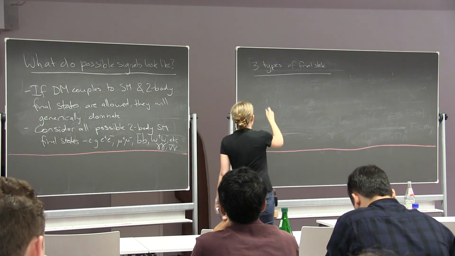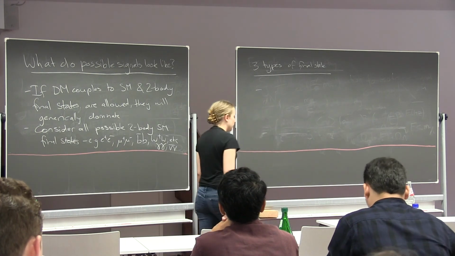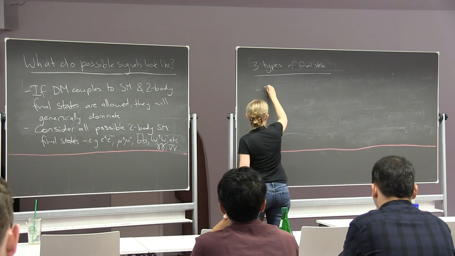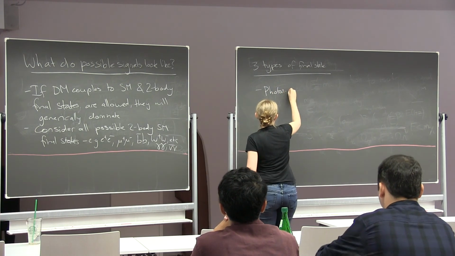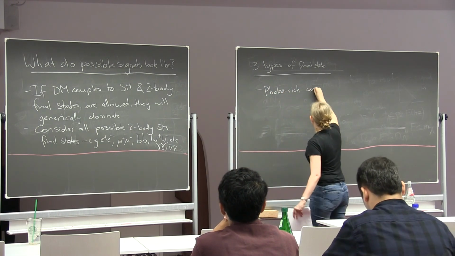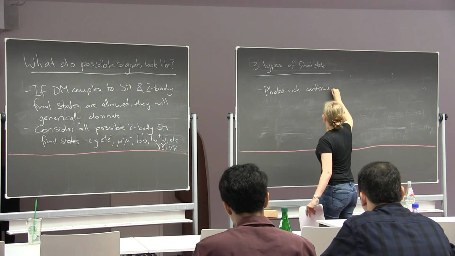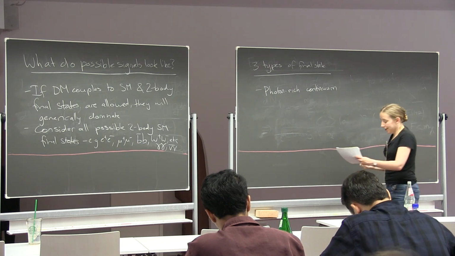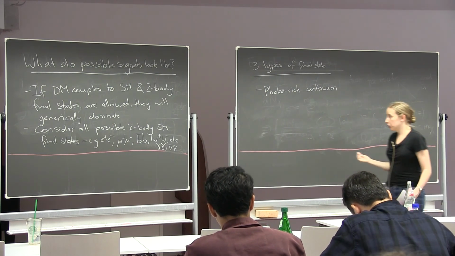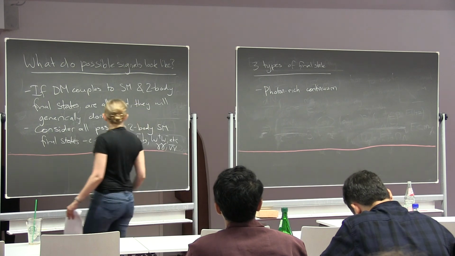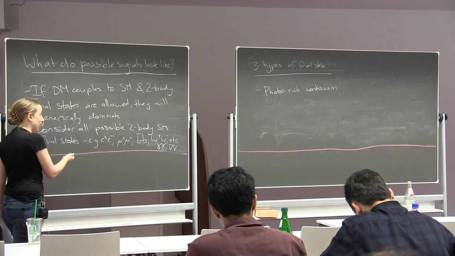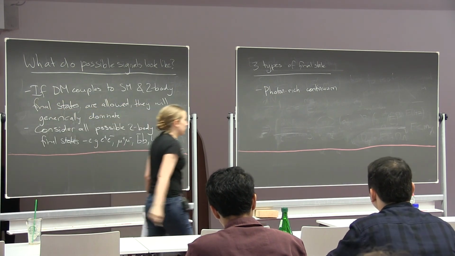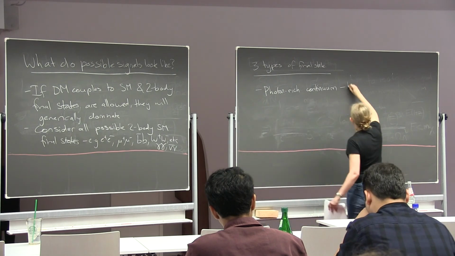State one is that your final state contains a lot of photons with a broad spectrum. This is generic whenever you produce in this decay anything hadronic or anything that decays into hadrons or tau leptons.